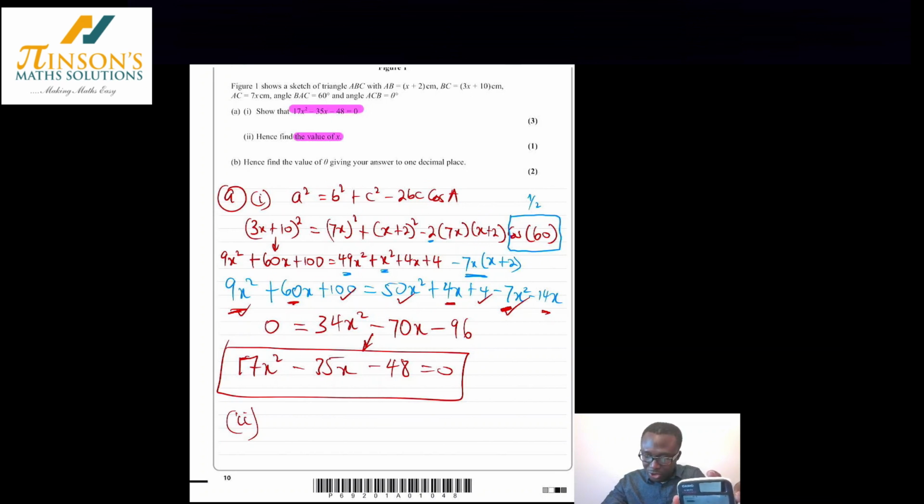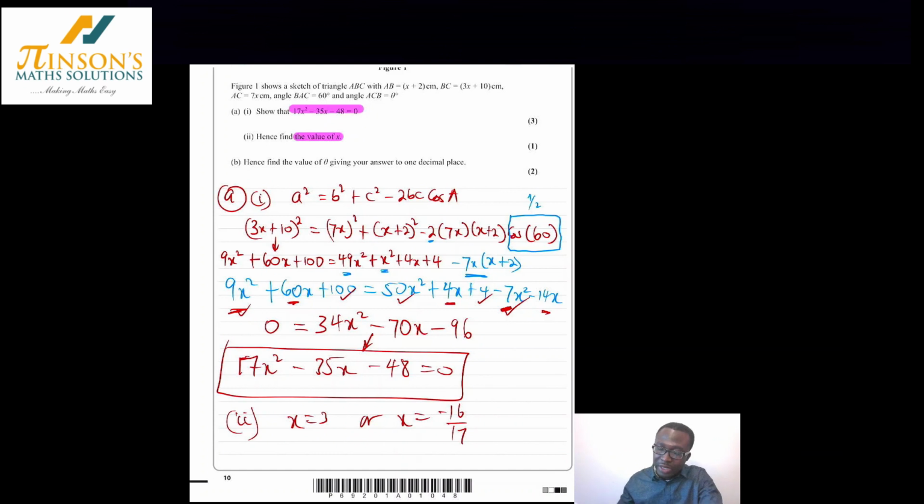The coefficient of our x squared is 17, enter the equal sign. The coefficient of our x is minus 35, enter the equal sign, and then the c is minus 48. And as you do so, you'll get your answers. You get x being 3 or x being minus 16 over 17.